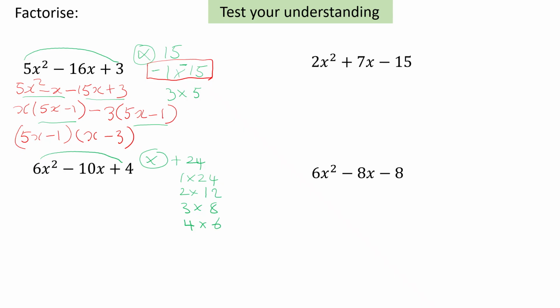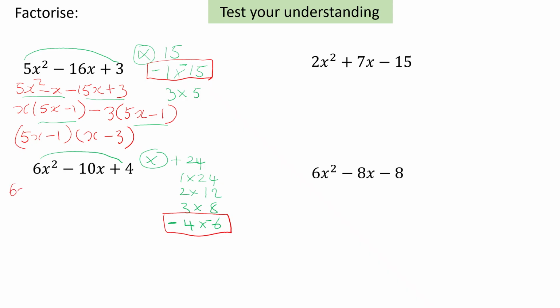If you multiply two factors to get positive 24 and add two numbers to get negative 10: negative 4 and negative 6. If you add negative 4 and negative 6, you get negative 10. If you multiply negative 4 times negative 6, positive 24. So the combination is negative 4 and negative 6.